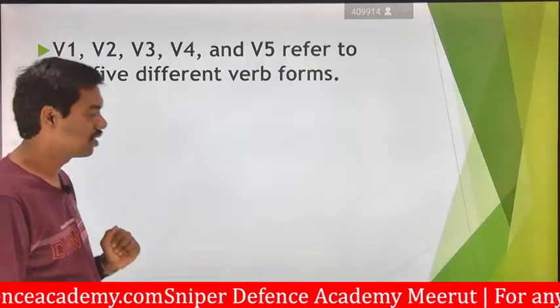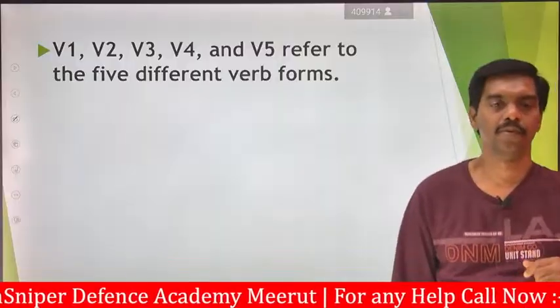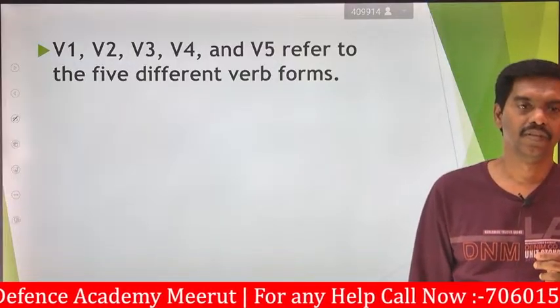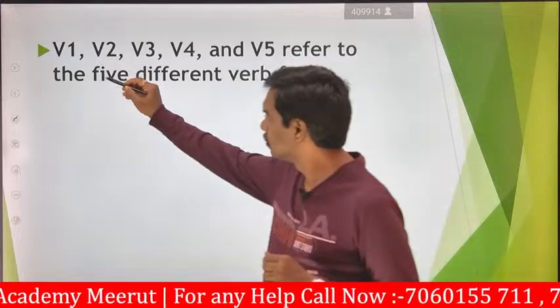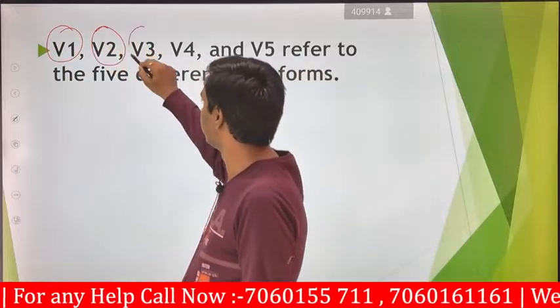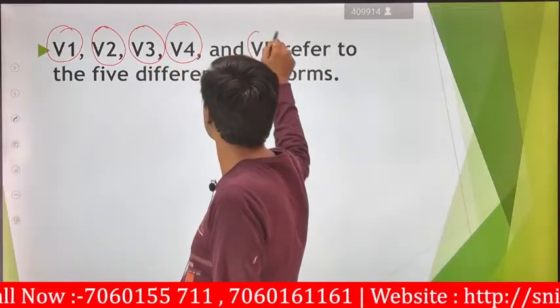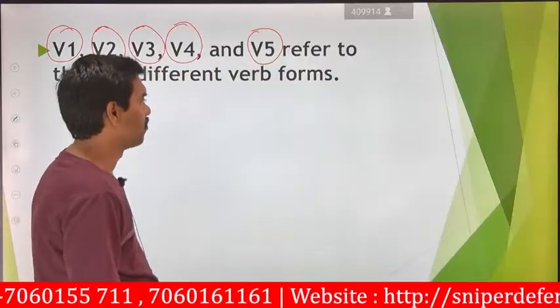Generally we know that there are different forms of verbs. In the previous class I told you, one is V1, number 2 is V2, number 3 is V3, 4 is V4 and V5. What is V?